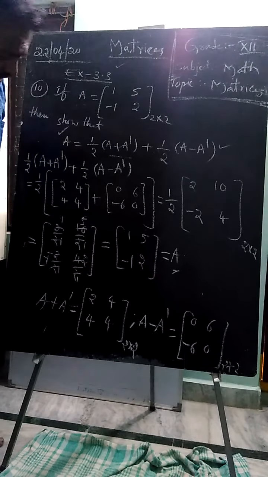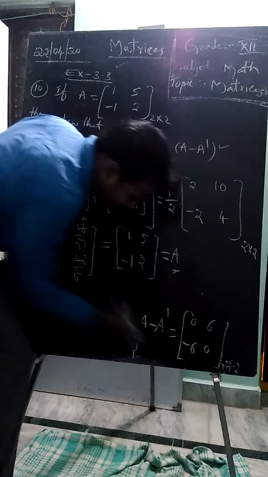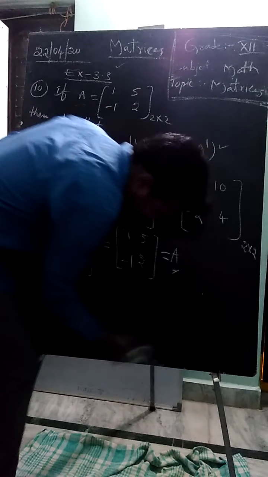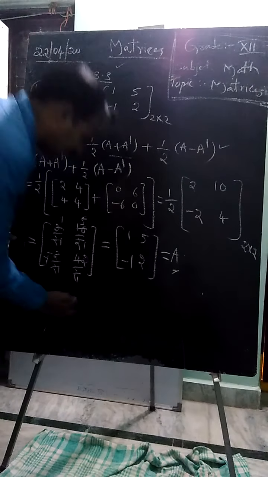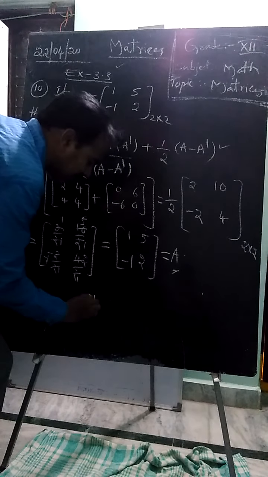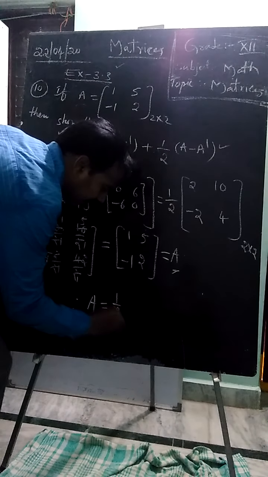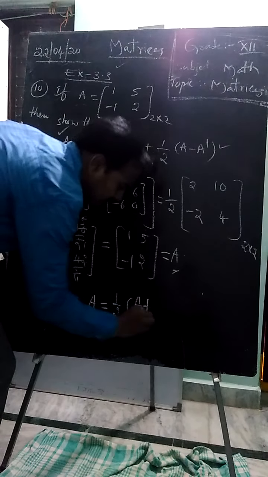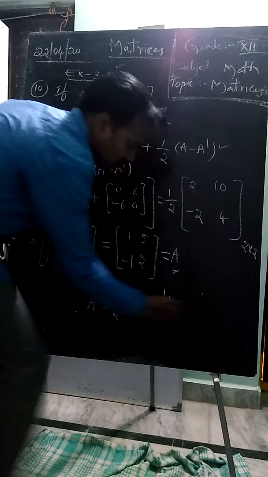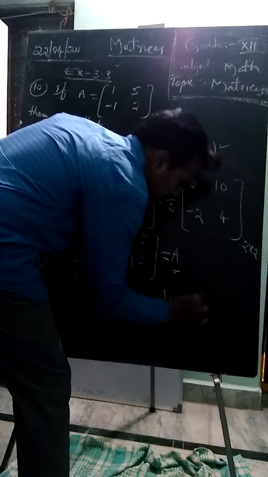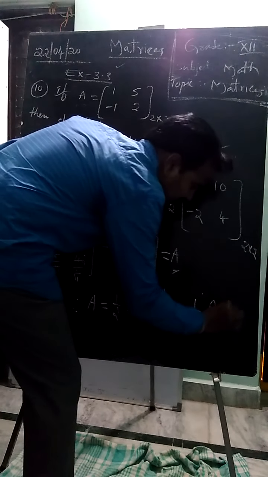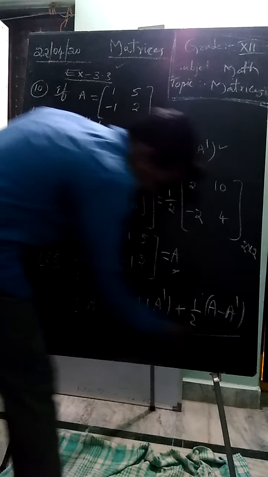So from this we can conclude, therefore, it is verified that A can be written as half of the sum of its symmetric and skew symmetric matrices.